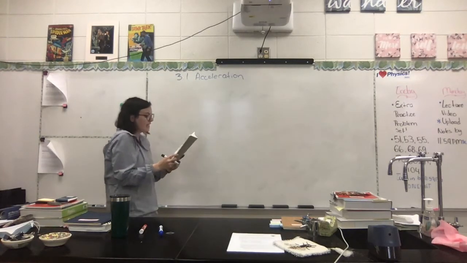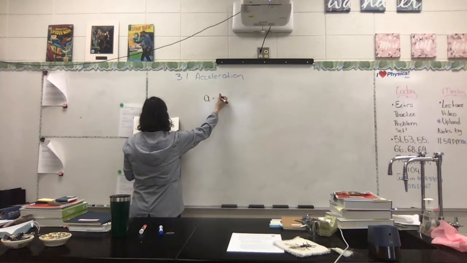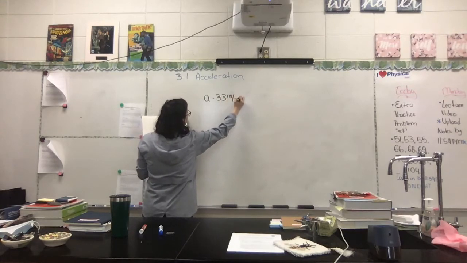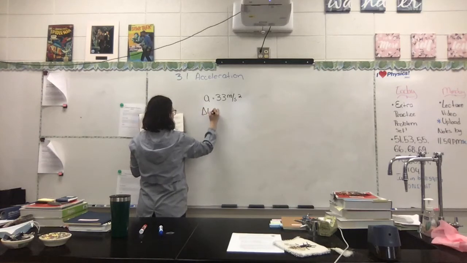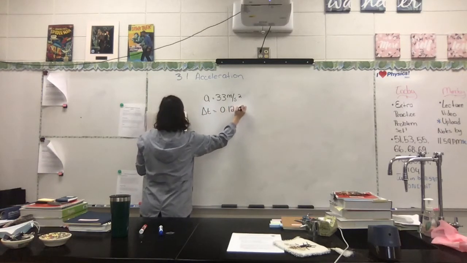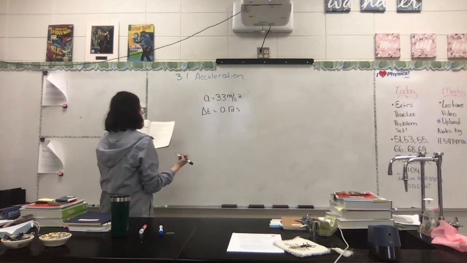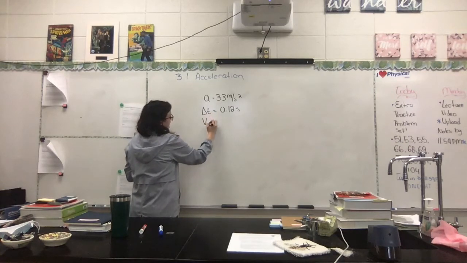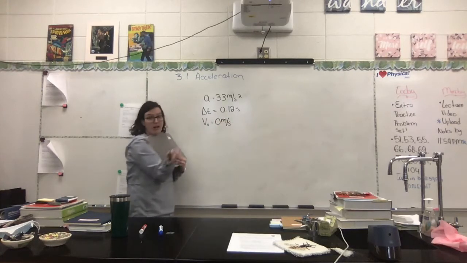And the chameleon's tongue is going to accelerate at 33 meters per second squared for a time of 0.12 seconds to make the capture. We want to know the speed of the chameleon's tongue when it grabs the insect. Since it didn't give us an initial speed, we can assume that his tongue was starting from rest.